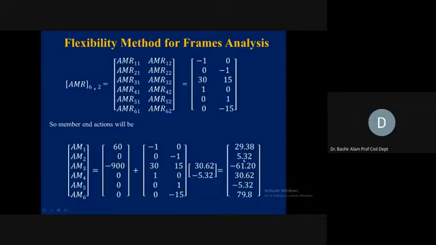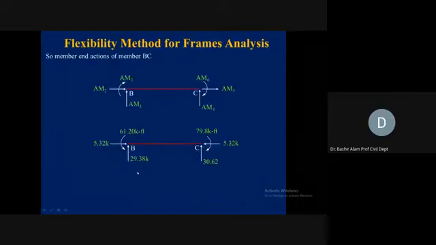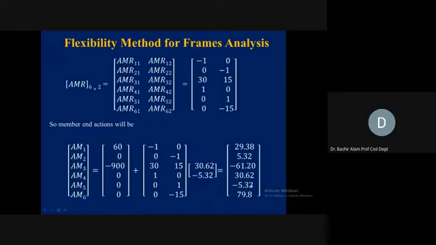Now, we need to put this on the member. So here we have all these member end forces now. Let's see if this 5.3, this was our AM5. So it should be negative. Why? We have reversed the direction. So let's see that you see -5. This is AM5.